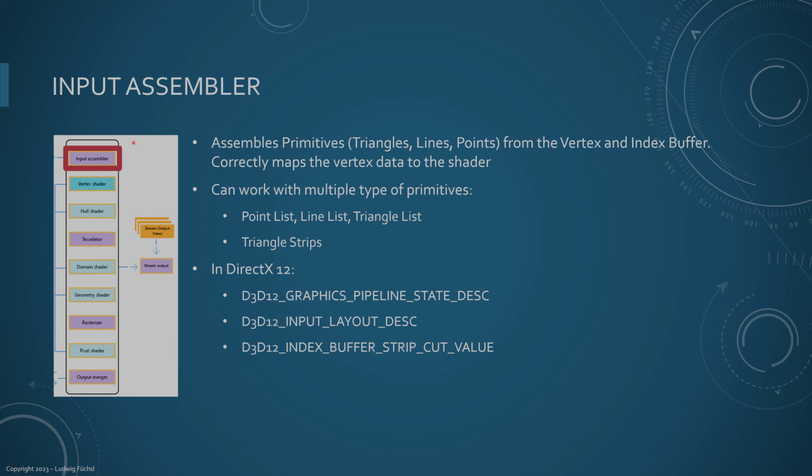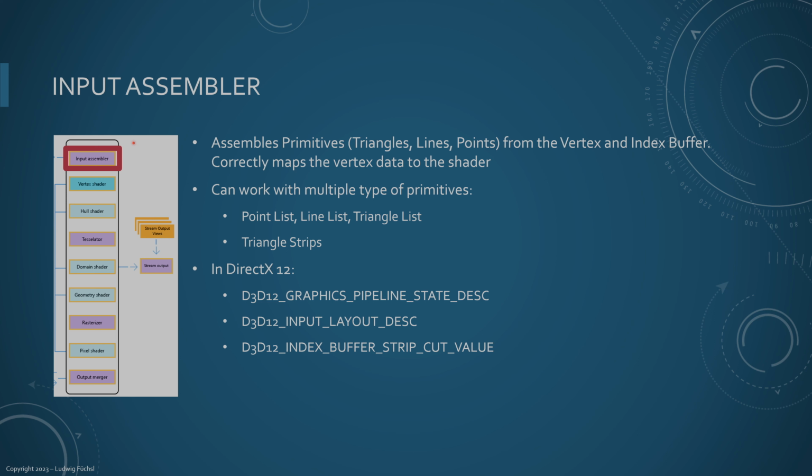The index buffer, on the other hand, is always a triple of 32-bit integers that tell the GPU which vertices are covered by the triangles. The job of the input assembler is taking the index buffer and the vertex buffer and producing triangles out of these two. It looks at the index buffer, reads three indices, reads these three vertices, and passes them down through the pipeline. That's the basic idea.